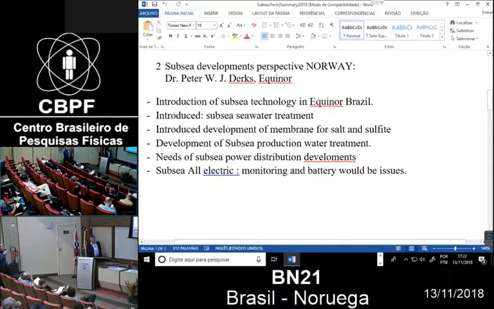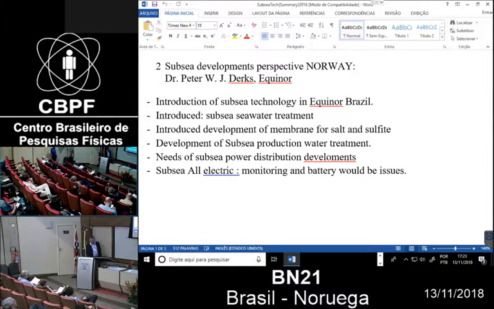Then we had the same heading, subsea development perspective in Norway, and a talk about subsea technology in Equinor Brazil. He mentioned subsea water treatment, C-box for treatment of water to be injected.